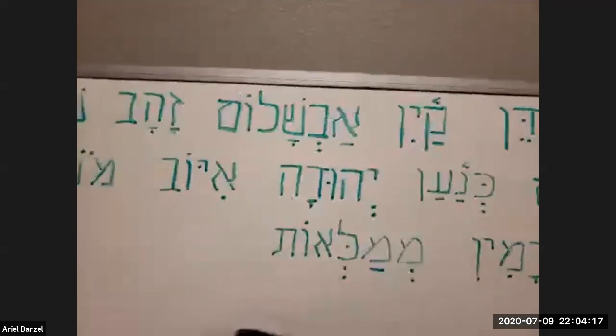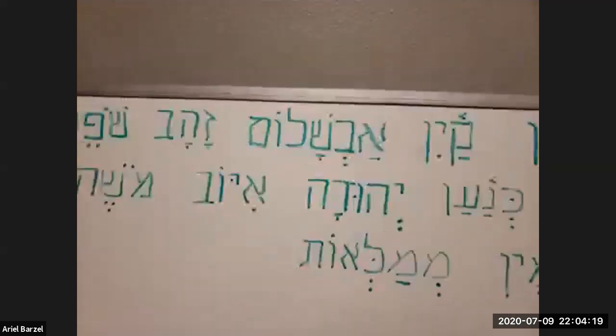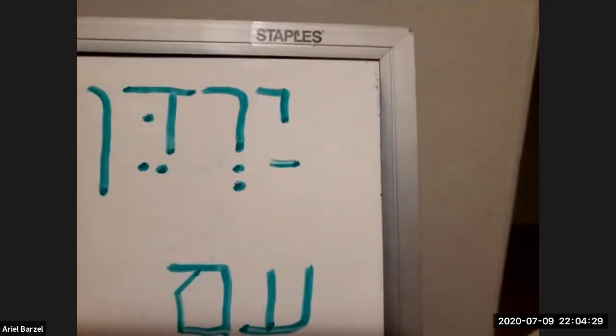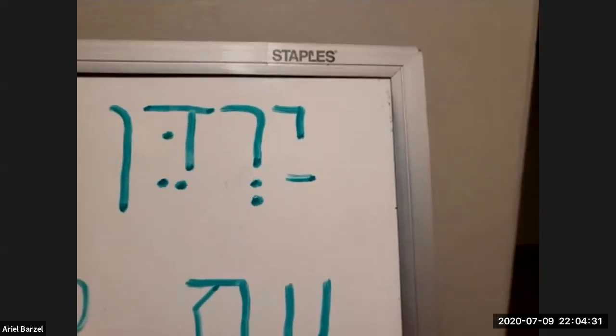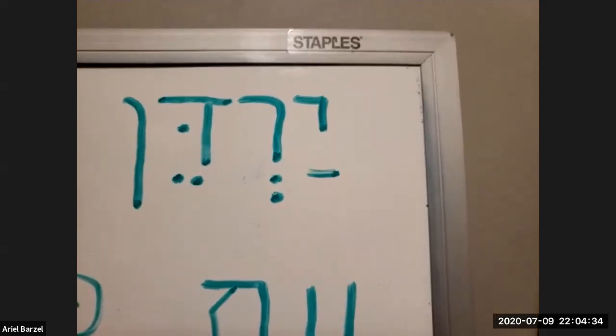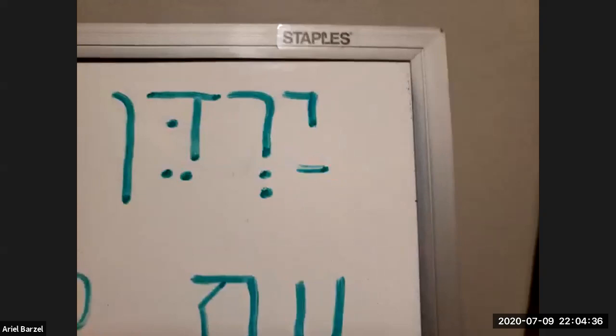I have a question because whenever Azrael was reading that very first word, I thought that was a Dalet forte, no, a Dagesh, not a forte. How would you distinguish whether it's a forte or a lene?